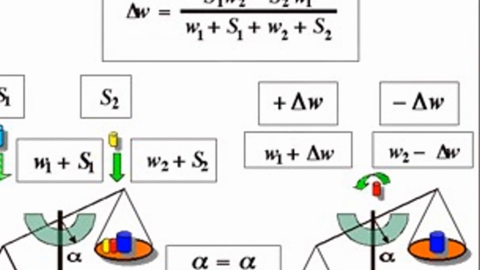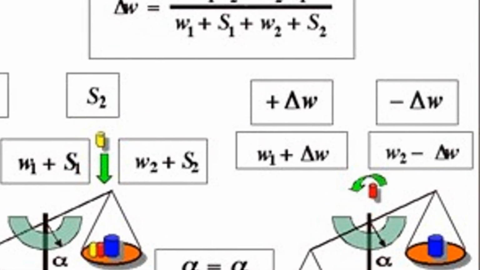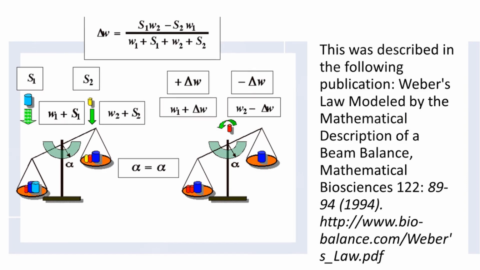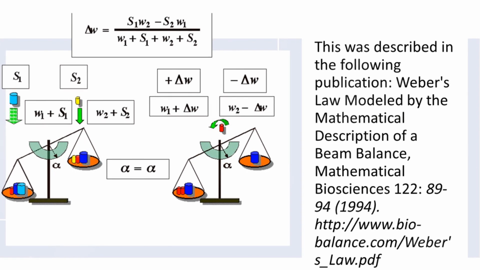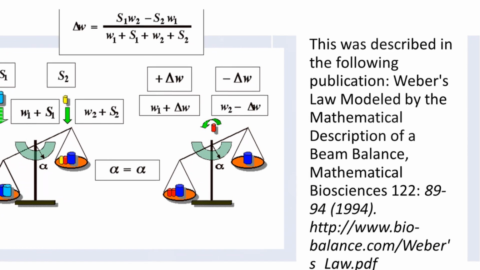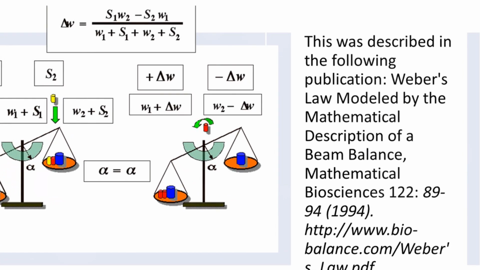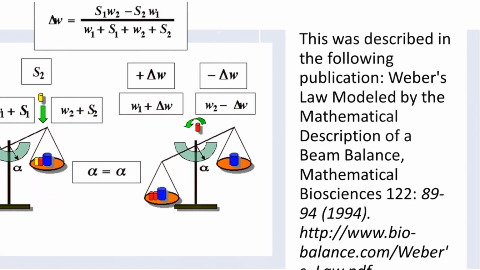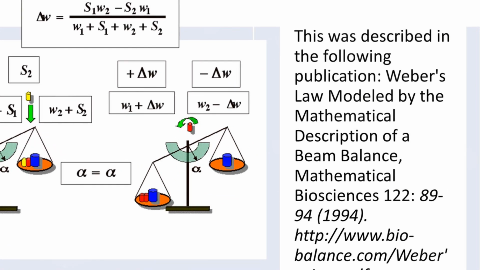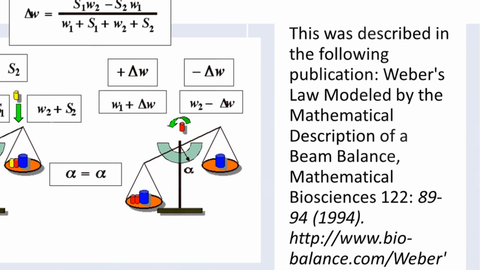These two equivalent ways to tilt the balance can be equated and solved for delta W, as shown in the picture. The remarkable thing about this equation for delta W is that it obeys a well-known physiological law called the Weber-Fechner law, which has been experimentally measured and deduced for all our senses.